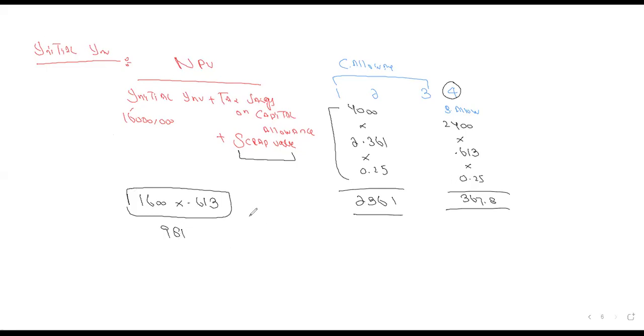Now, as this is the investment, it is negative, and these are positive. But remember, take the 3 zeros here as well. Negative 16,000 plus 2361 plus 367 plus 981. What is the balance?